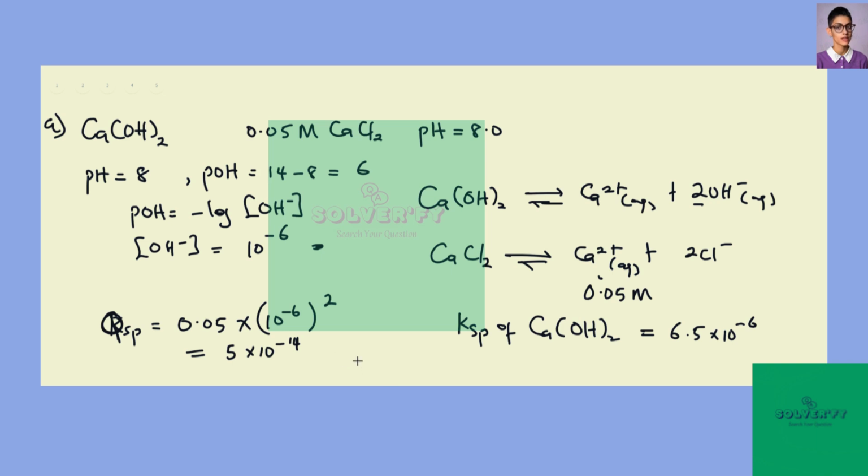So the KSP is greater than the QSP. Therefore, calcium hydroxide will not precipitate.